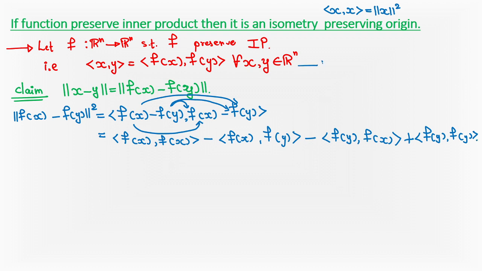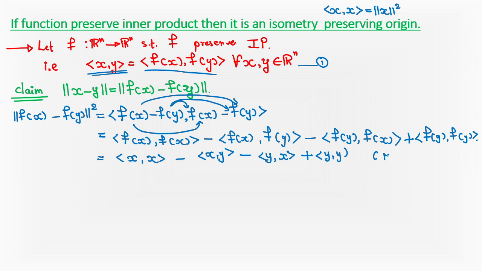Now, based on this assumption, whenever you have an inner product in terms of f of x and f of y, you can write in its place the inner product of the originals. So this is the same as the inner product of x with x, this is nothing but the inner product of x with y, this is the inner product of y with x, and the last one is the inner product of y with y.